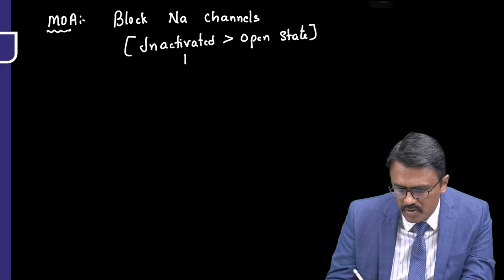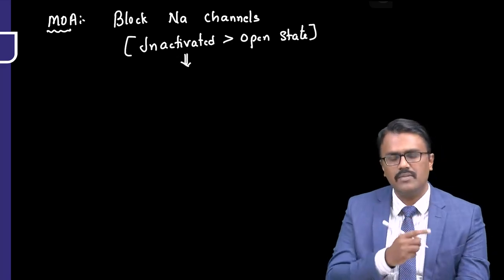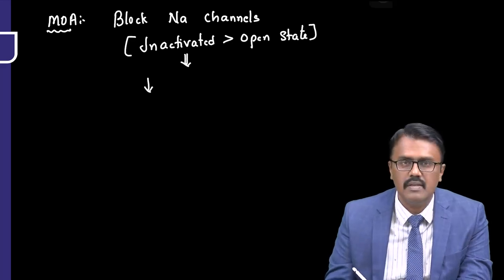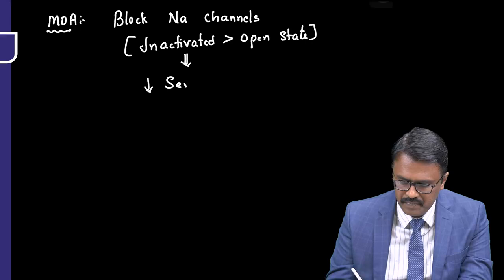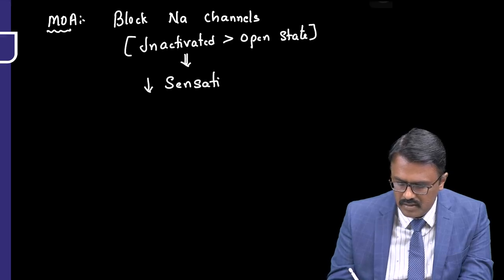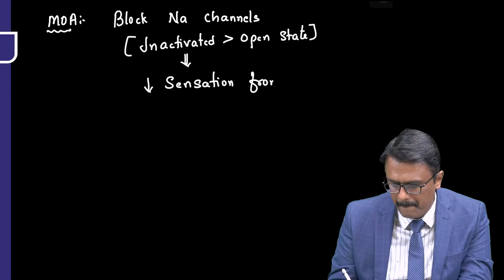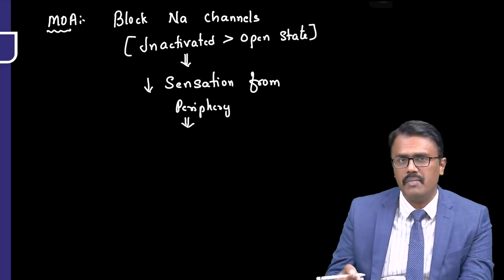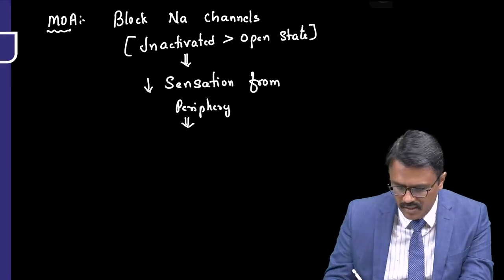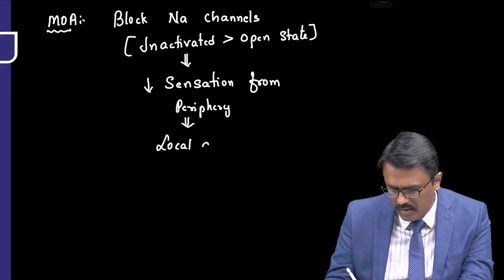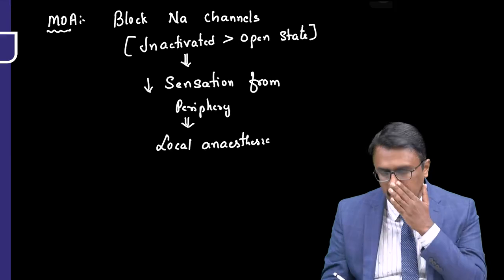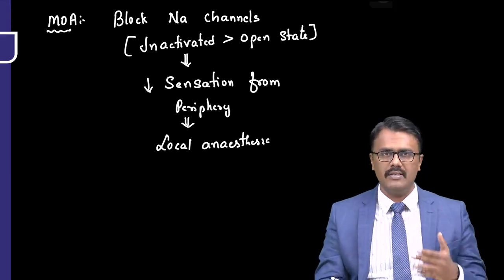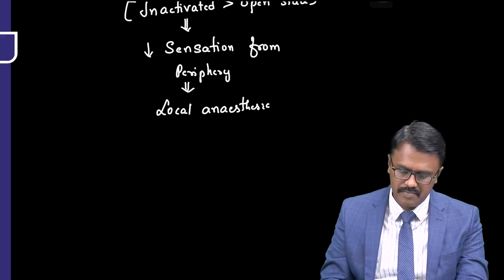Now what happens if you block the sodium channel? The signal is not going, so there is a decrease in sensation from the periphery. And that is what we mean by local anesthesia. So we see the local anesthetic effect. That is the mechanism of action.